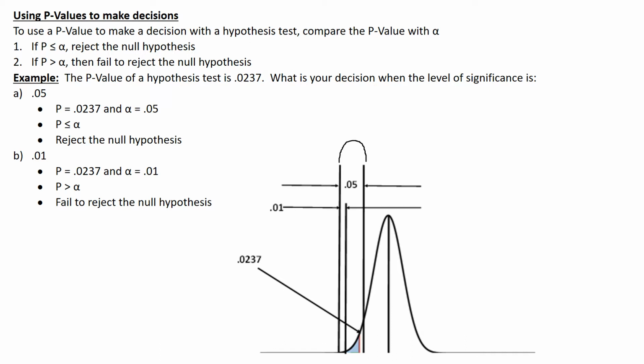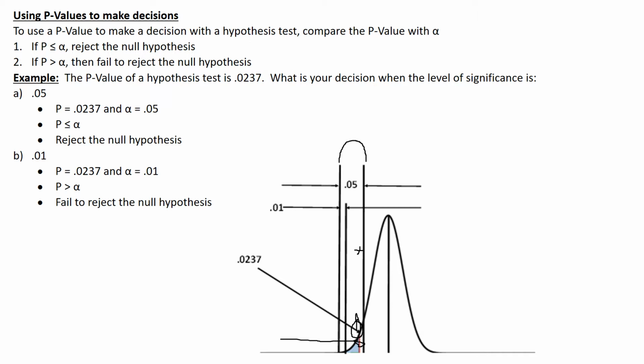Here is 0.0237 right here. Then here's 0.01. When I look at this, my 0.0237 falls outside of the 0.05. Again, here's my 0.05 right here, here's my 0.0237 right here. It's on the outside of it, so I'll reject it.